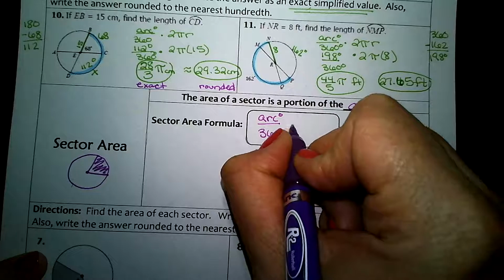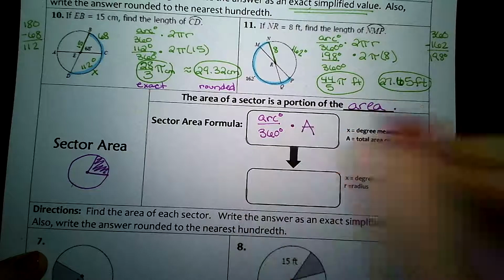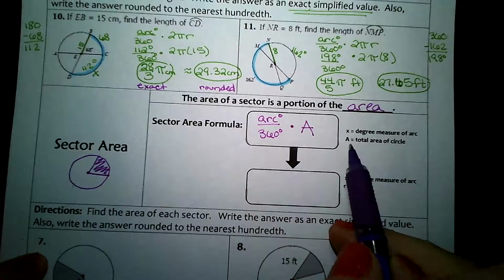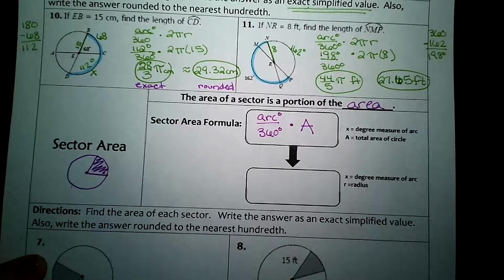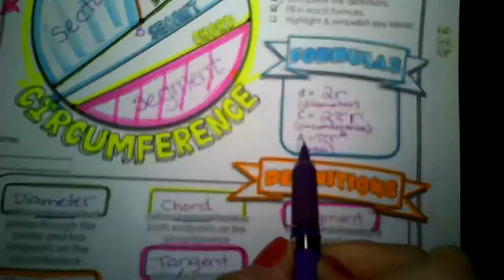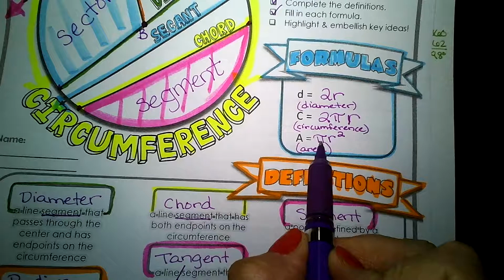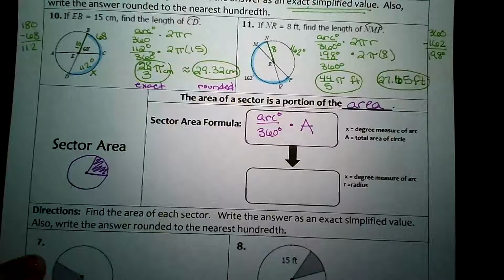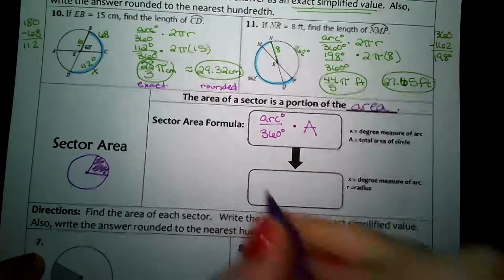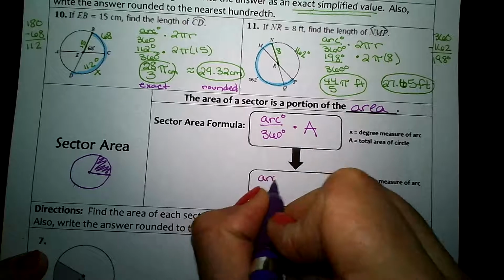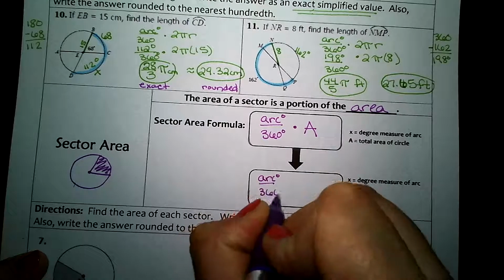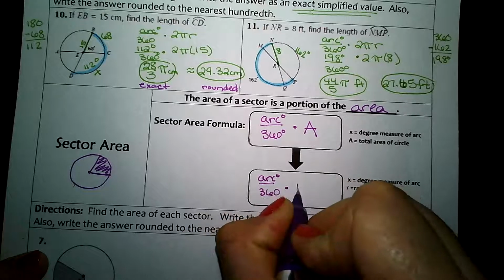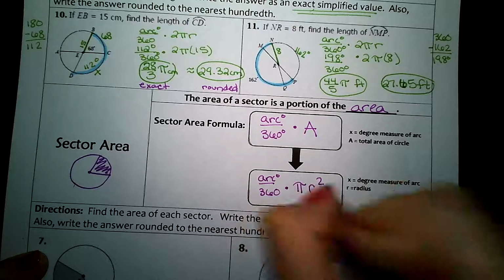This is a portion of the total area. Well, if you think back to your area formula, or if you look it up in your notes or on your formula sheet, area formula is pi times radius squared. So I'm going to be using the formula arc degree out of 360 times pi r squared.